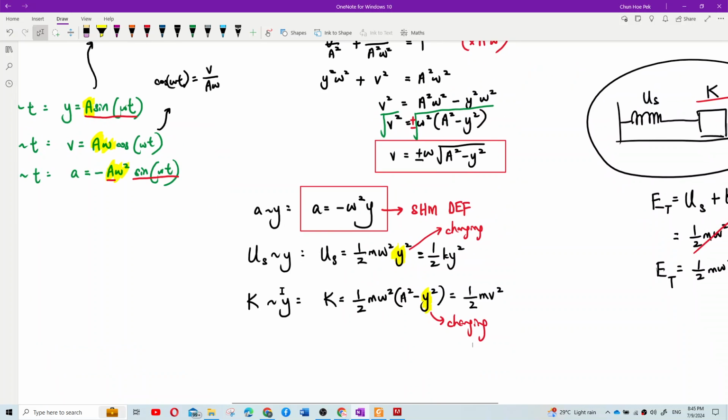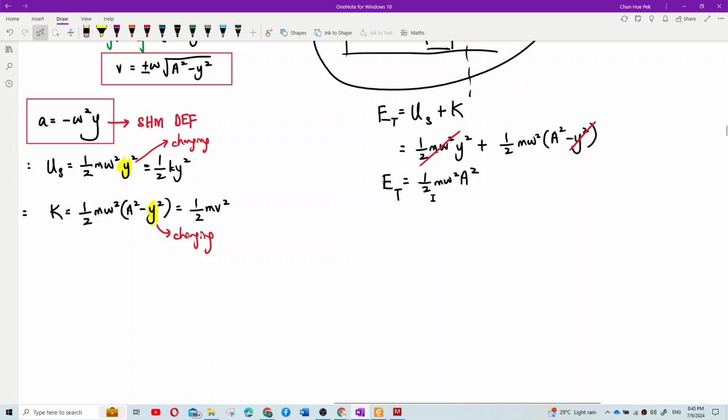So that means the potential energy and kinetic energy are always changing. They're not constant.